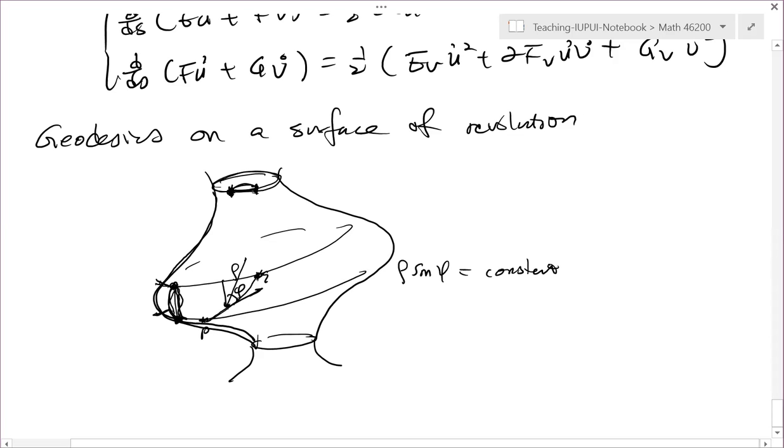That's how you check whether a given curve is a geodesic. On a surface, it's not easy to figure out. If I give you an arbitrary 2 points, it's not easy to find a geodesic joining P and Q, but we know that the meridian is.